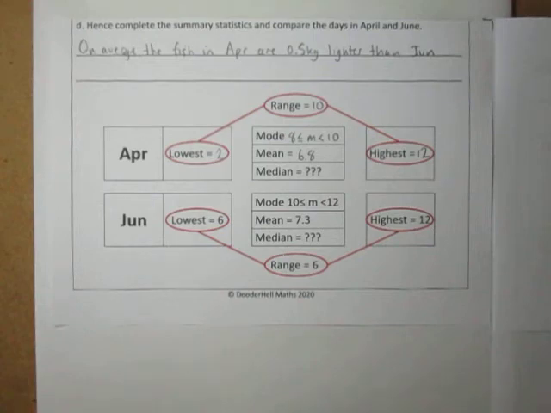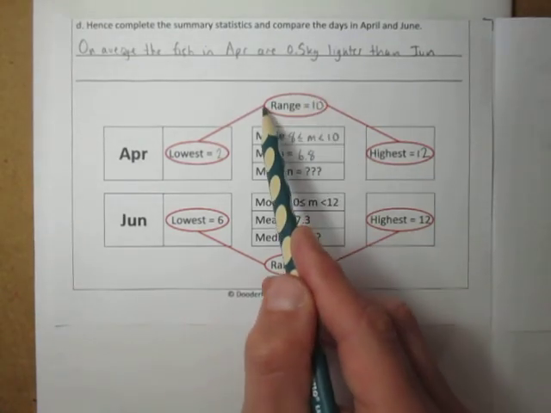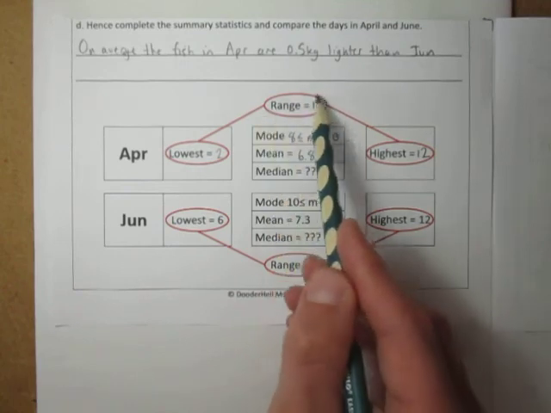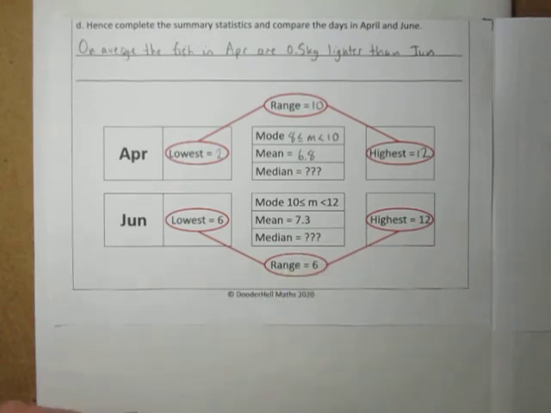Now I need to have a look at the measure of spread, which means looking at the range. I can see here that the difference between the highest and lowest values in April is more than in June. So that tells you the results in April are more varied.